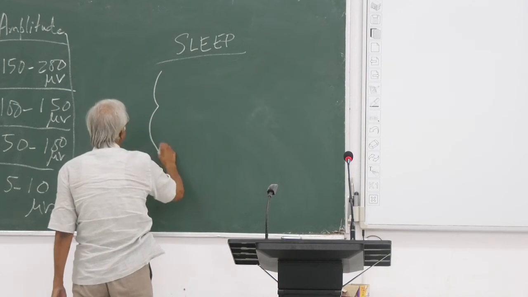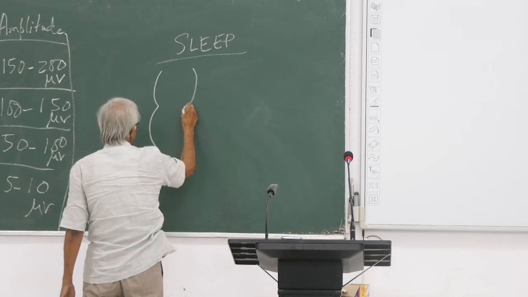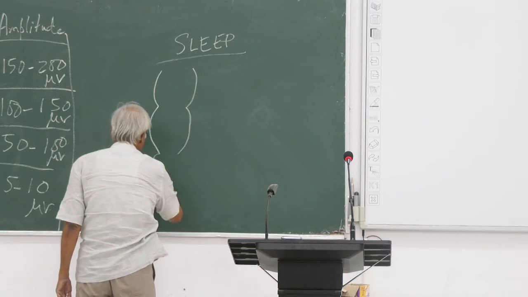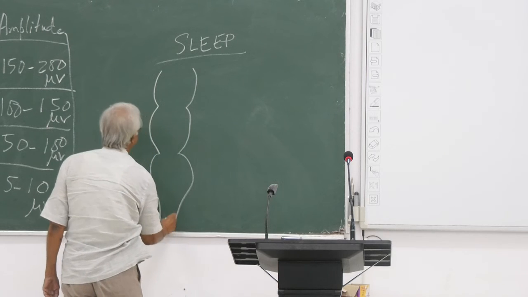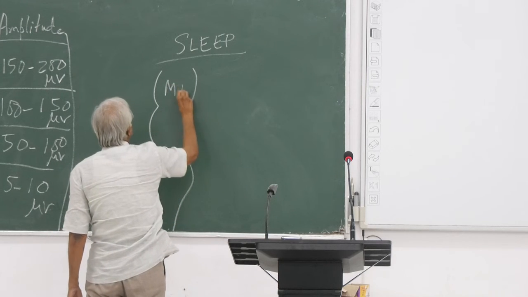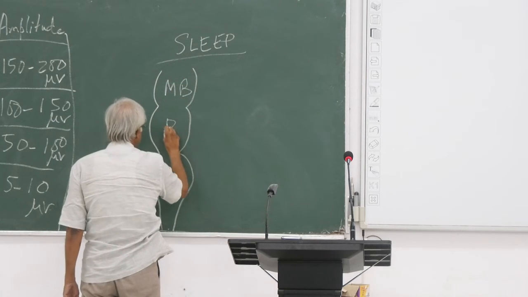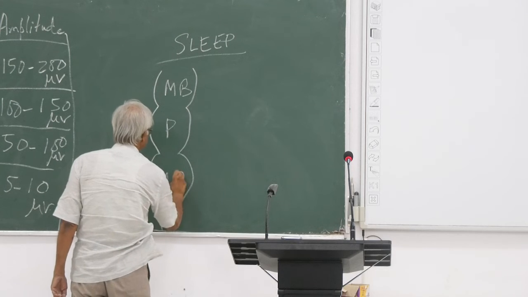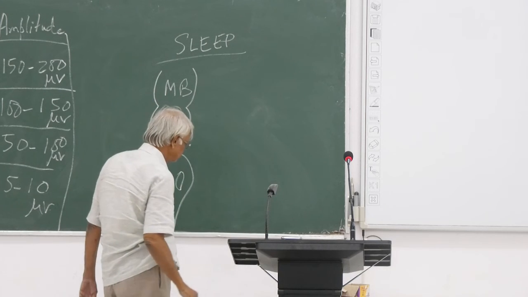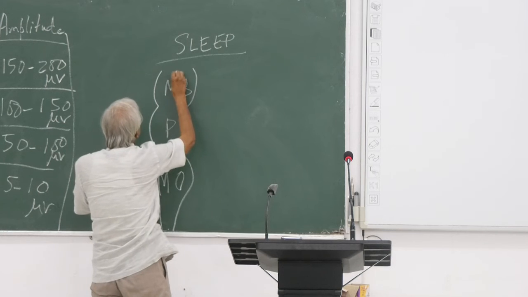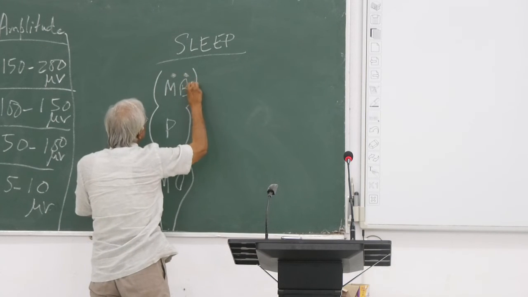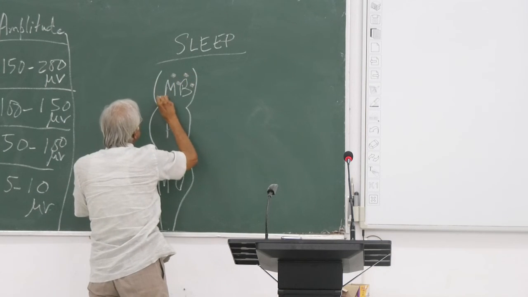Here the spinal cord begins. Throughout the brain stem, there are scattered nuclei, collections or clusters of nerve cells.